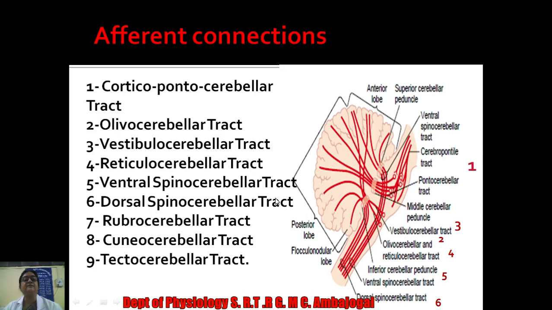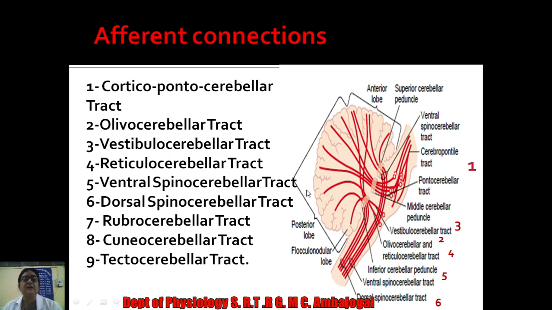As the name says, these are ascending tracts, as they are sensory tracts. An important point is that both tracts have the fastest conduction speed, about 120 meters per second. Now the ventral spinocerebellar tract mainly carries information from the anterior motor horn cells of the spinal cord.